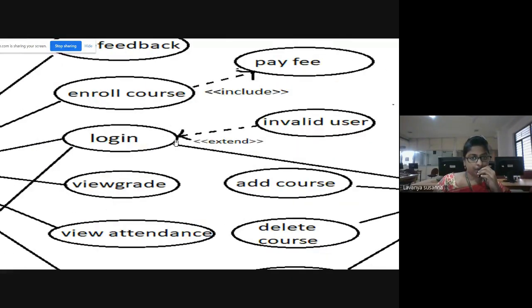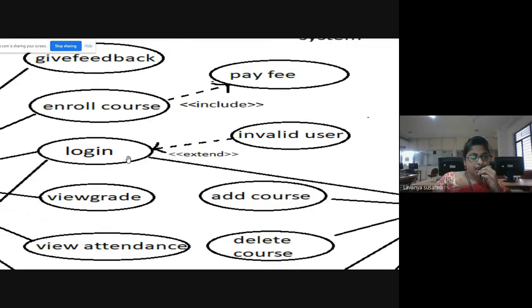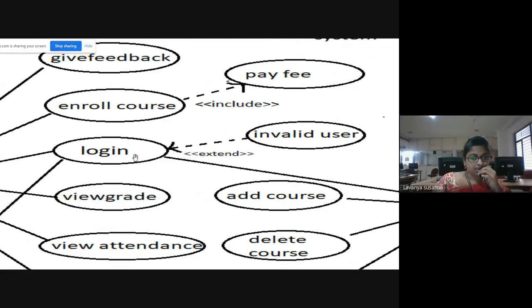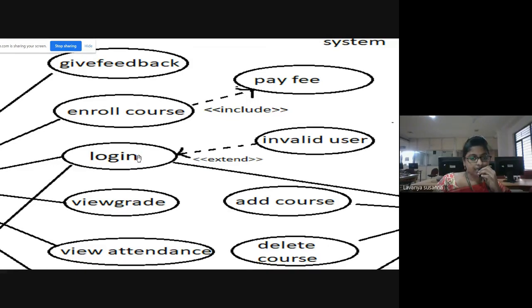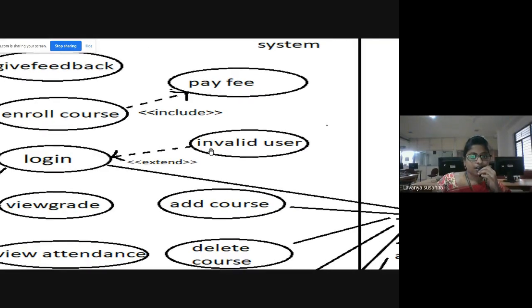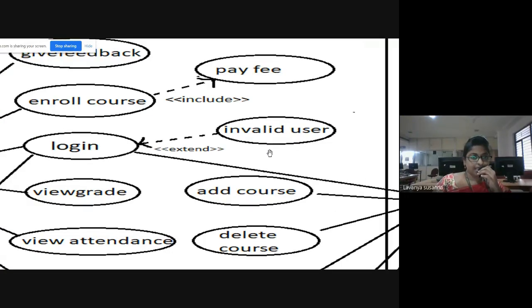Next, login. See here, at a certain condition only, when you have entered an invalid username or invalid password, at that time only it will show some message like invalid username or invalid password. That's why the relationship between login and invalid user functionality is extend.